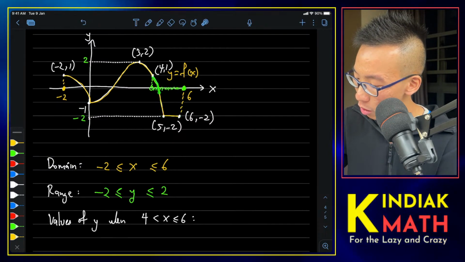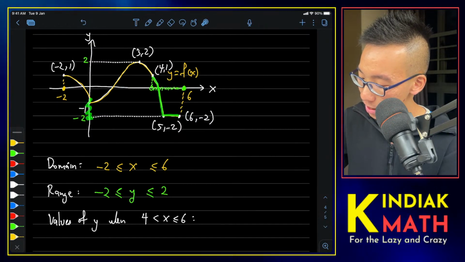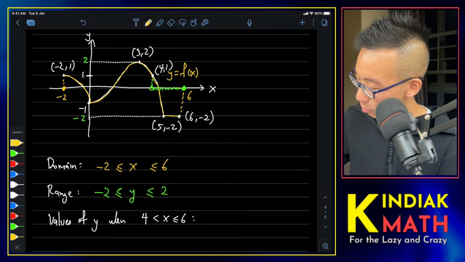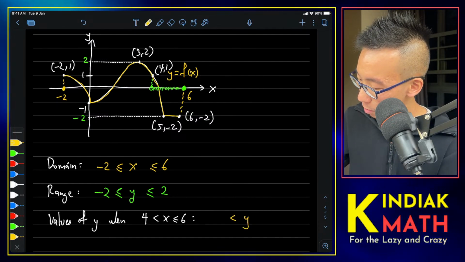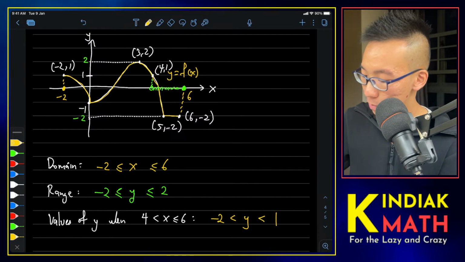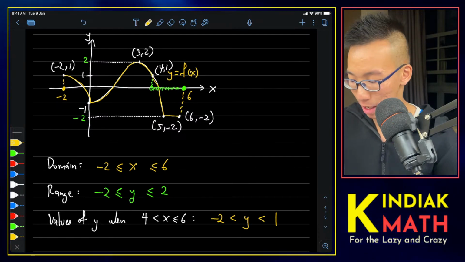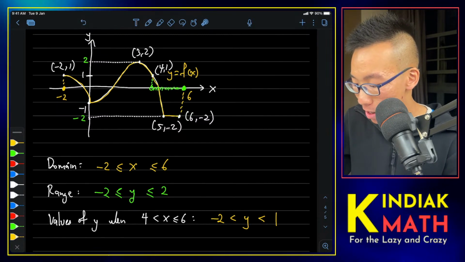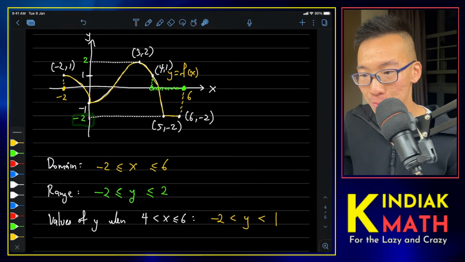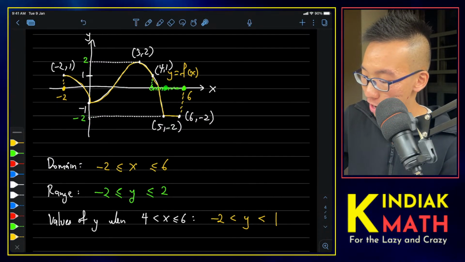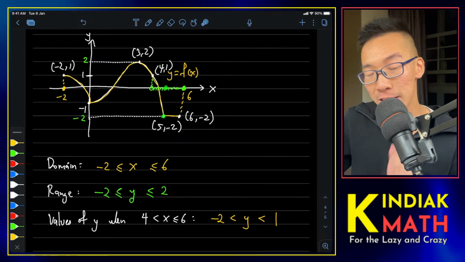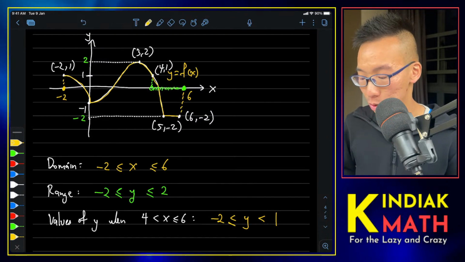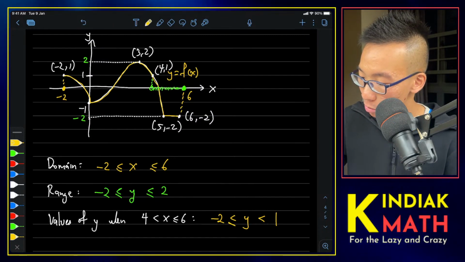Well, we definitely want to include all of these possible y values at least. In other words, we definitely want to at least include -2 and 1 and everything in between them. That's the minimal. Of course, that raises the question, should we include -2? Should we exclude -2? Well, the 6 lies inside the domain, so we do actually hit the number -2. So therefore, we are going to include that into our possible values of y.